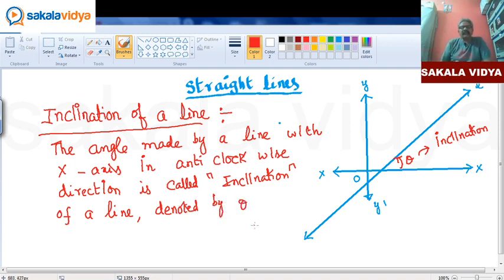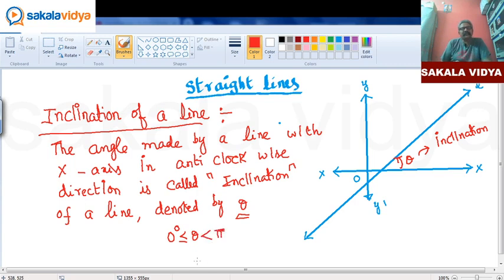So, what is the range of theta? For example, if we move the straight line so it comes parallel to the y axis, then the angle will be 90 degrees. If you rotate further, the angle will be more than 90, that will be obtuse, and once again it coincides with the x axis. That means the range is 0 degrees less than or equal to theta, theta less than pi.